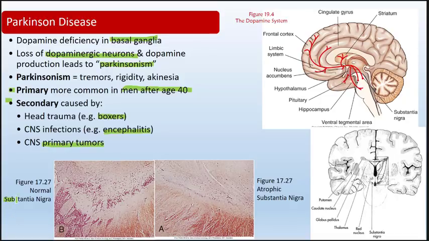It is specifically the substantia nigra that will look like these dark dots in the image, and that's because they're made of melanin, and they're used to make the neurotransmitter dopamine, so they're affected then in those with Parkinson's disease. And so you can see the difference here between the normal substantia nigra and then those with loss of the substantia nigra, and therefore leading to a deficiency in dopamine.